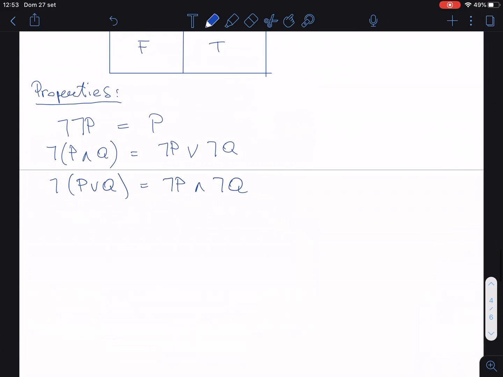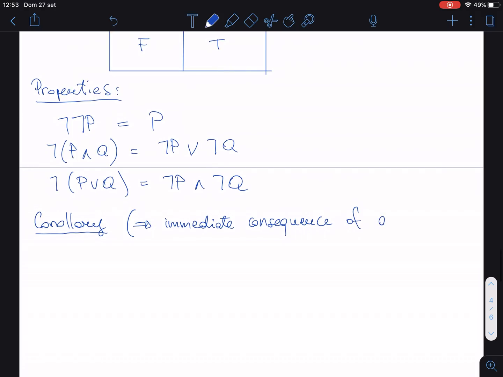And as a corollary, what is a corollary? A corollary is an immediate consequence of a previous statement, typically a theorem.